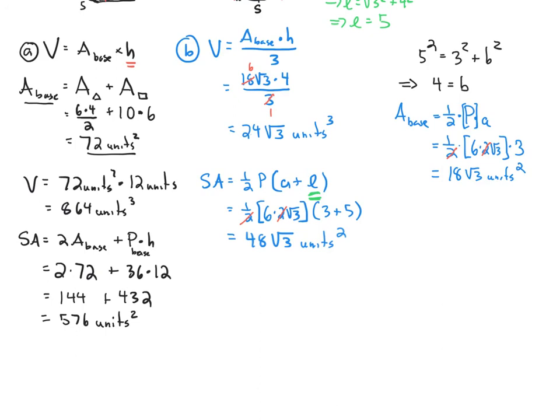And if you're interested, 48 root 3 is around 83.14. But it's fine to leave it. In fact, more accurate, of course, to leave it with its square root in there if you like. All right, there are 2 examples for calculating volume and surface area of both prisms and pyramids. So hopefully this is helpful and you'll get some practice in further problems.